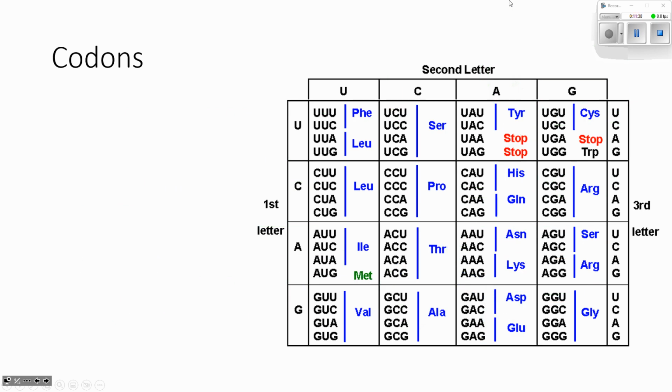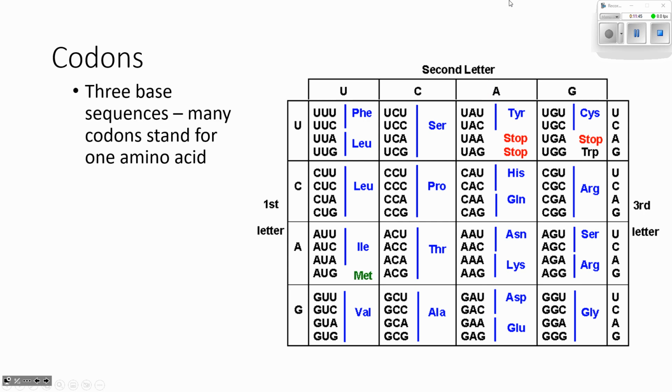This is what we call a codon table. Codon tables are generally written so that they tell us what amino acid will be associated with an mRNA codon. So this is a table of mRNA codons.